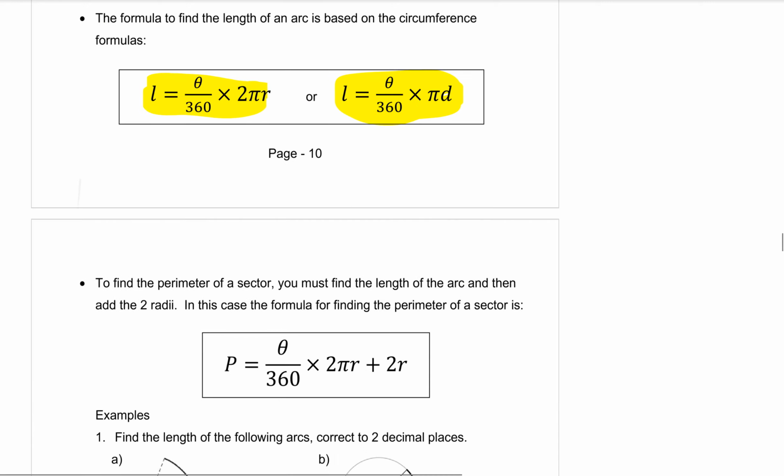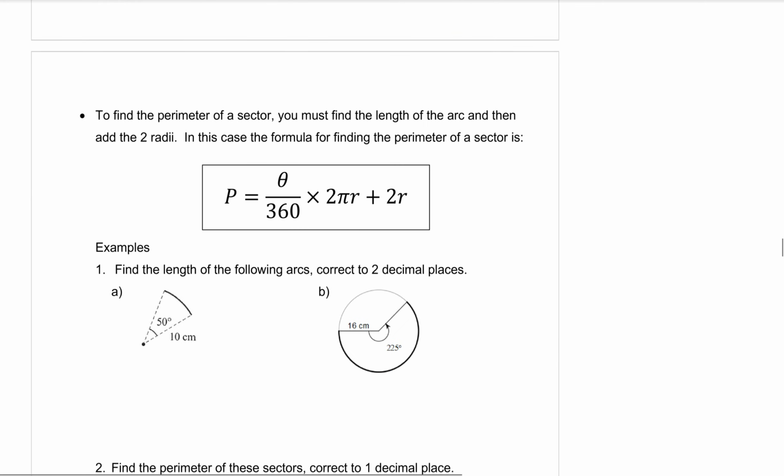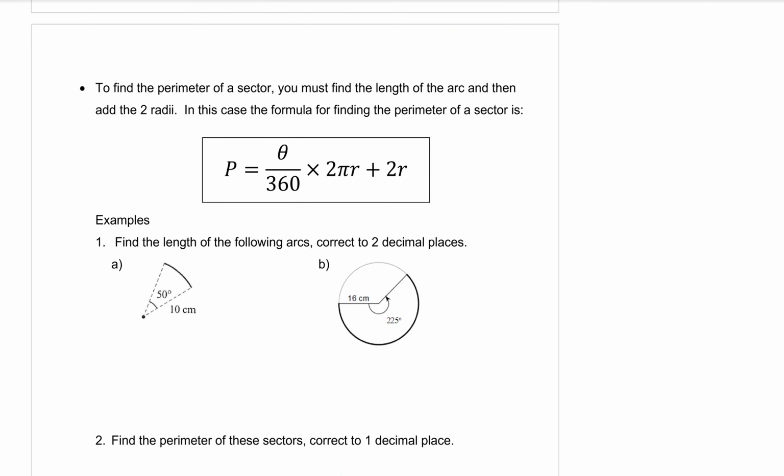So on the next page, if I was wanting to find the perimeter of a sector, you must find the length of the arc and then add on 2 radii. Remember, that's the plural for radius. We need to add on 2 radii. So in this case, we would have the theta over 360.